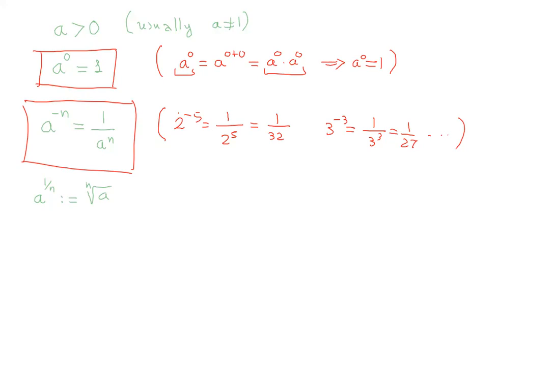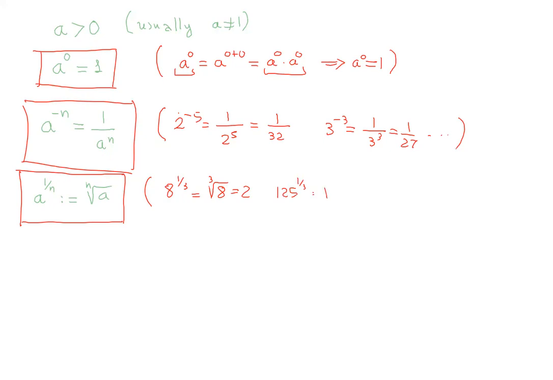So again, it might be a good idea to give some examples. However, we have to choose our examples very carefully. Otherwise, we cannot really compute the corresponding roots. So for example, I can tell you what 8 to the 1/3 is. 8 to the 1/3 will be the cube root of 8, which is the same thing as 2. I could tell you what 125 to the 1/3 would be.